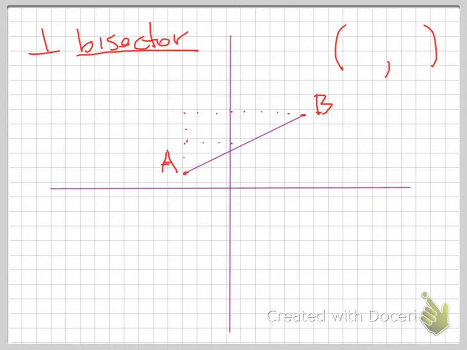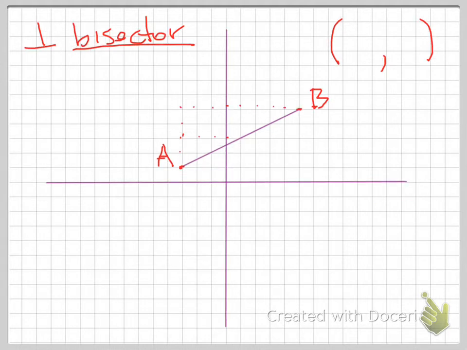So the midpoint of segment AB would be right about there, and the coordinates of that point are 1, 3. Now the other way to find the coordinates of the midpoint is to take the coordinates of the points A and B, add the x's together, divide by 2, add the y's together, divide by 2.